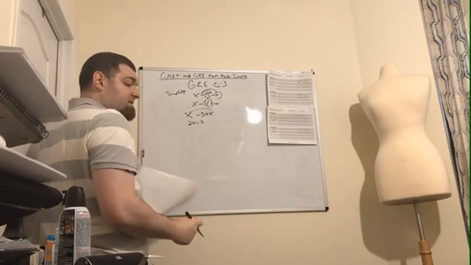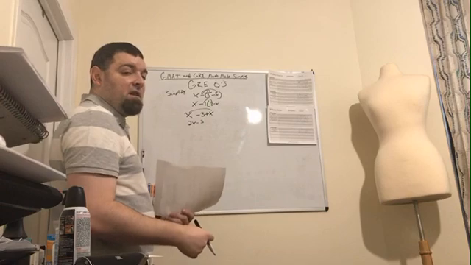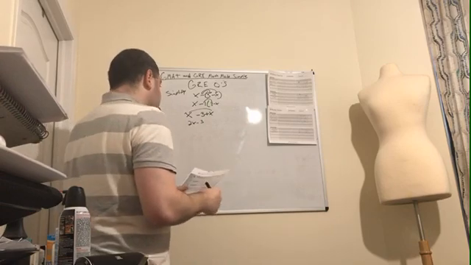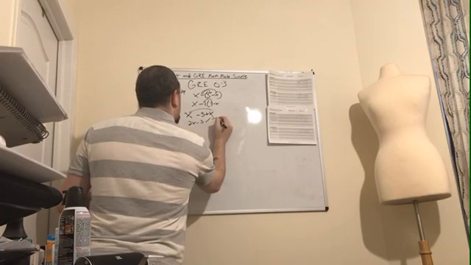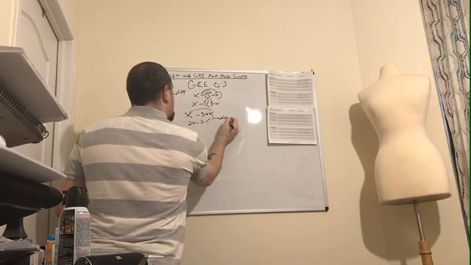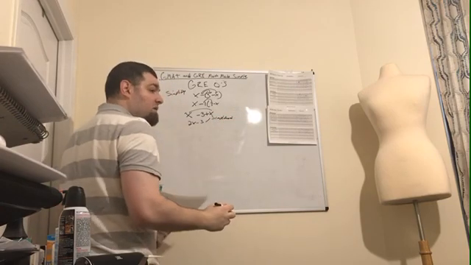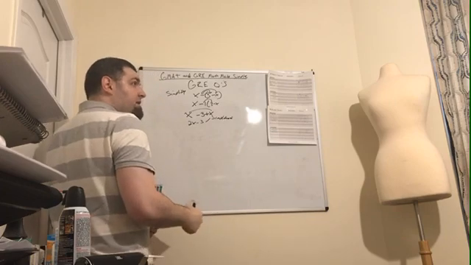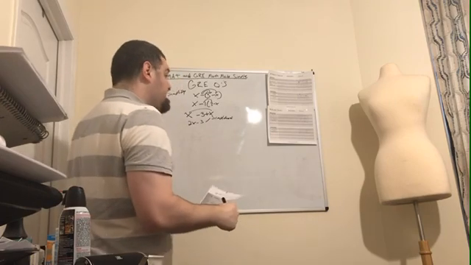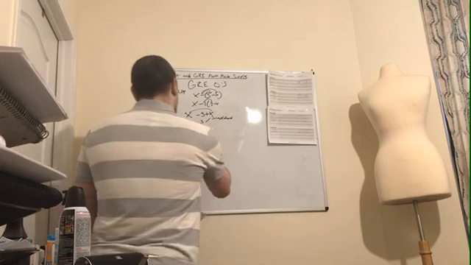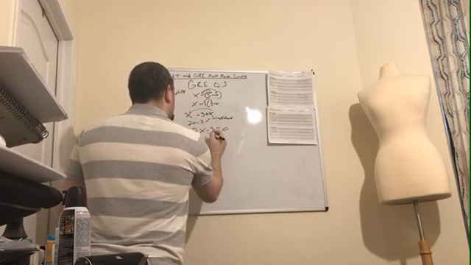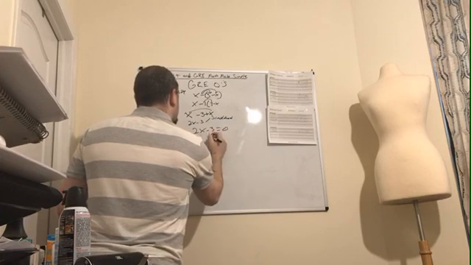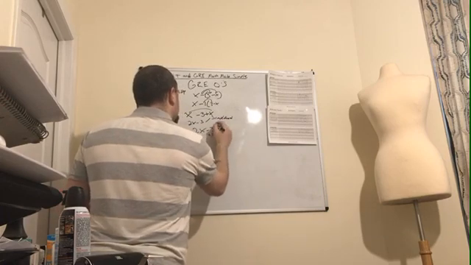Now, it doesn't ask you to find out what x is. It just says simplify. So if you're just trying to simplify, that's your answer. Don't go any further. Now, if it says simplify and find out what x is, then you would take this whole thing and make it equal to 0. Then you make sure you get the x's all on one side. So it's plus 3, plus 3. This cancels out.